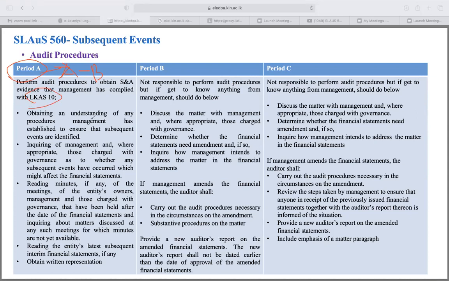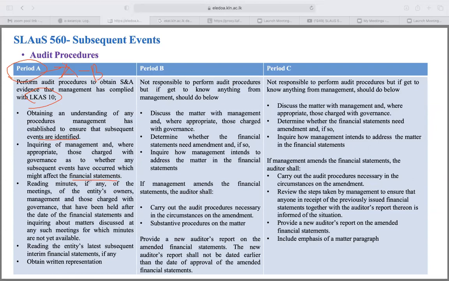Obtaining an understanding of any procedures management has established to ensure that subsequent events are identified. Inquiring of management, and where appropriate, those charged with governance as to whether any subsequent events have occurred which might affect the financial statements.